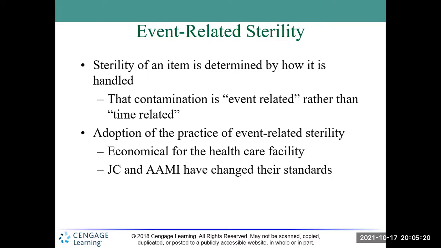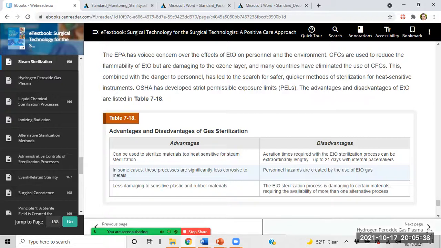The sterility of an item is determined by how it is handled, and that means contamination is what they call event related rather than time related. Let me show you where that is.